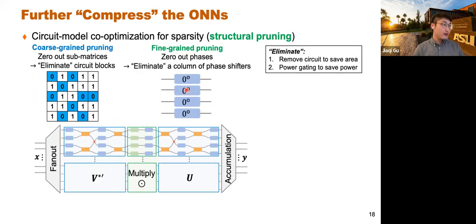And if you zoom in and look at the detailed devices, you can figure out some of the phase shifters are very close to 0 degrees or 2 pi, which means you can just remove the phase shifters, right? And they perform the same rotation. So we can do some column phase shifter pruning. We call it fine-grained pruning.